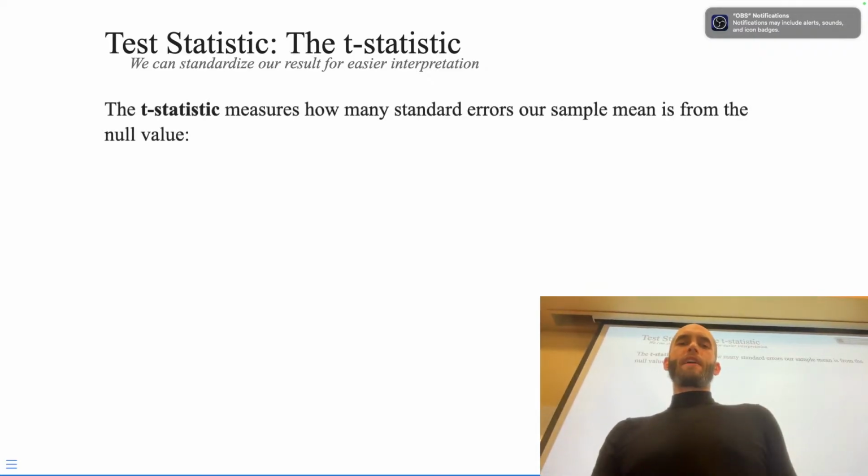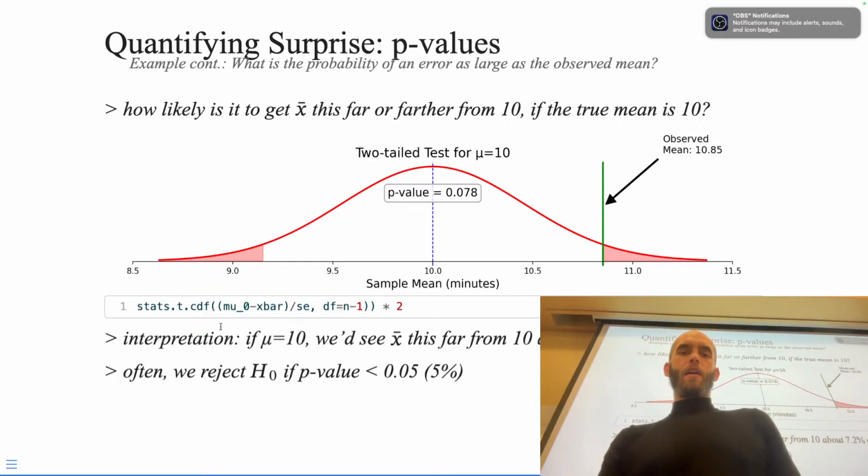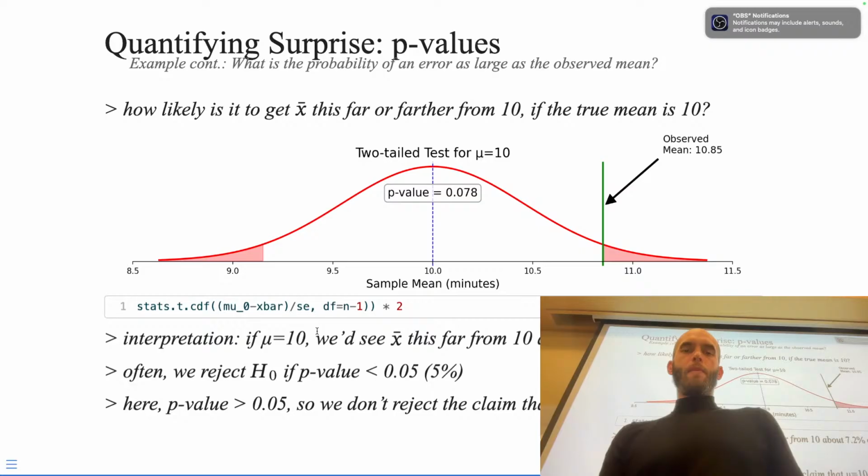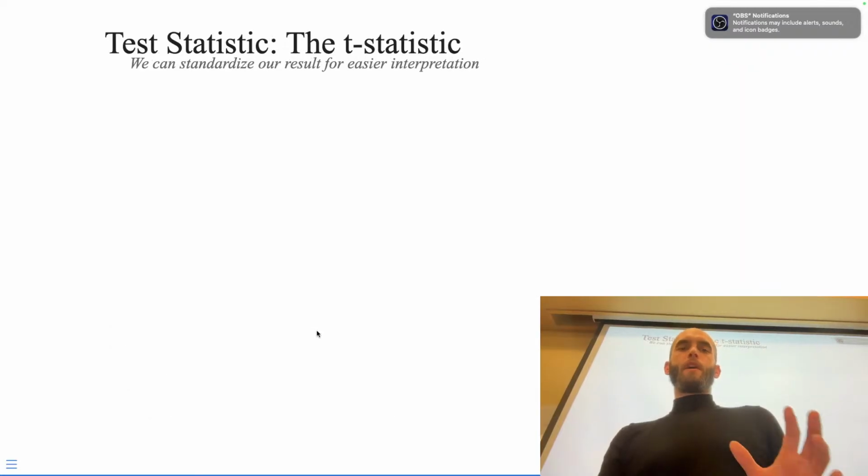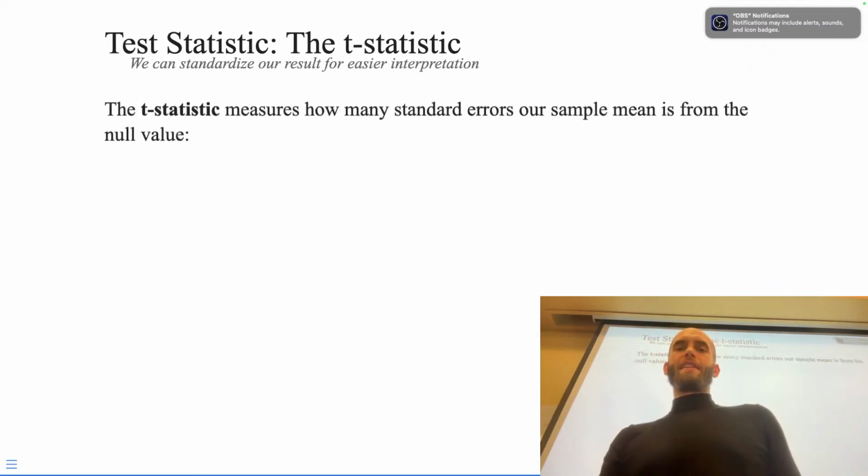I've used a t-statistic a couple of times, and it's actually what I've used here in the code. The reason we use t-statistics, at least in these kinds of situations, is that it measures essentially how many standard errors away from your guess your sample is.